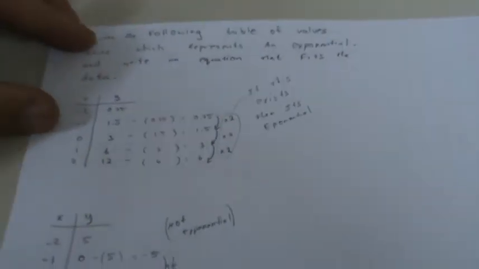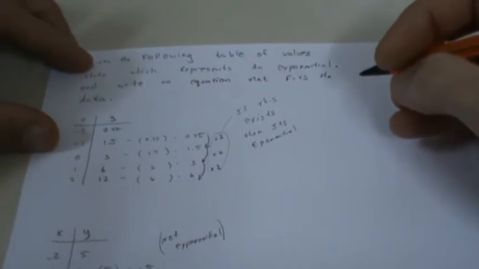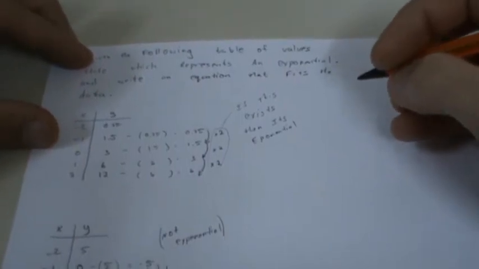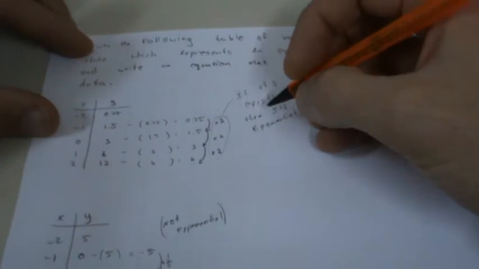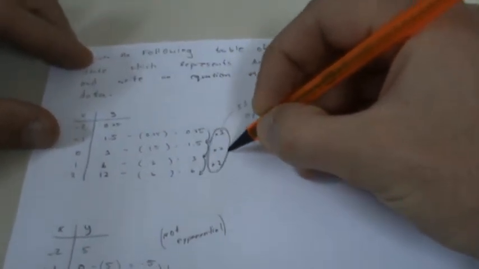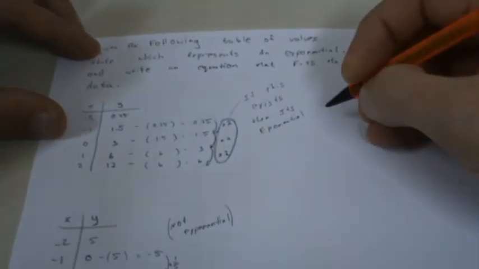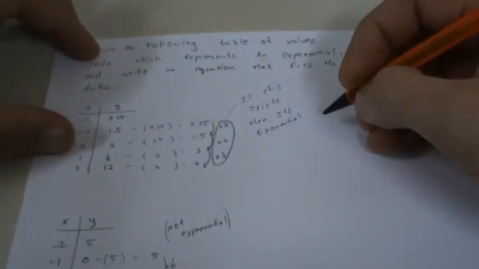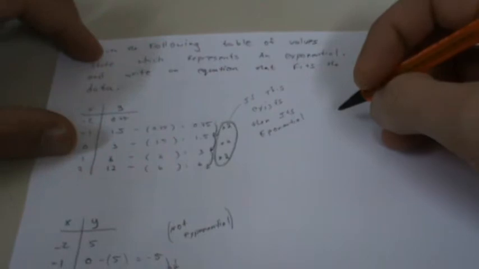Alright, so let's go back up to the one that was exponential. Now I need to make an equation here. What I'm going to do here is see about making a, I gotta look at this data here.